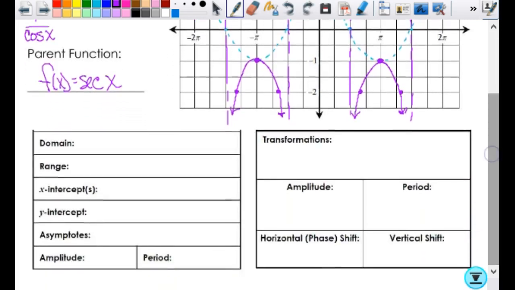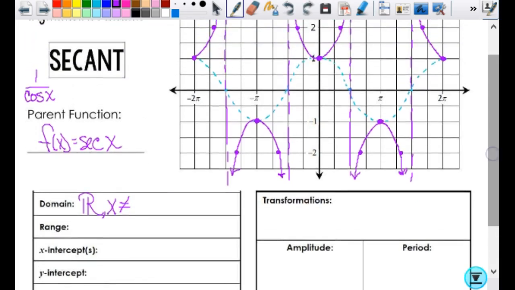So when we look at domain and range, domain, again, is going to have to be all real numbers, but x cannot equal, right? So it's not n times pi. It does happen every pi intervals that you can't have anything, but we start at pi halves and then add or subtract a pi from that. So it cannot equal pi halves plus n times pi, where n is an element of the integers.